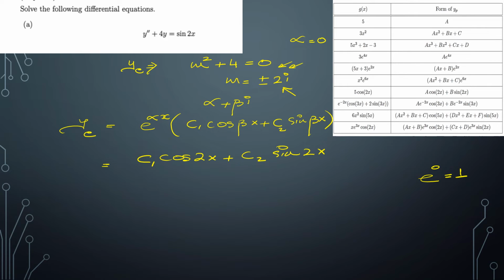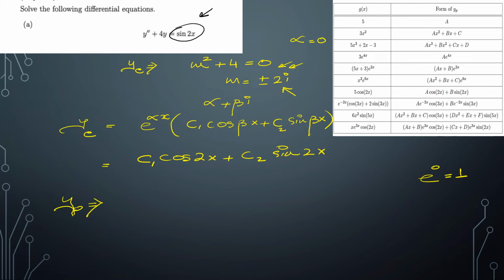Now let's see. First of all, understand how we can find our particular solution. As we already know, in order to write the particular solution, first of all, we have to understand which method I will use.